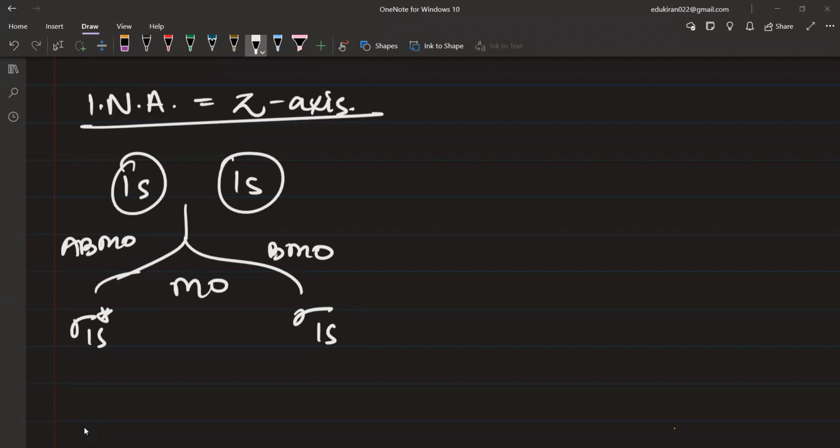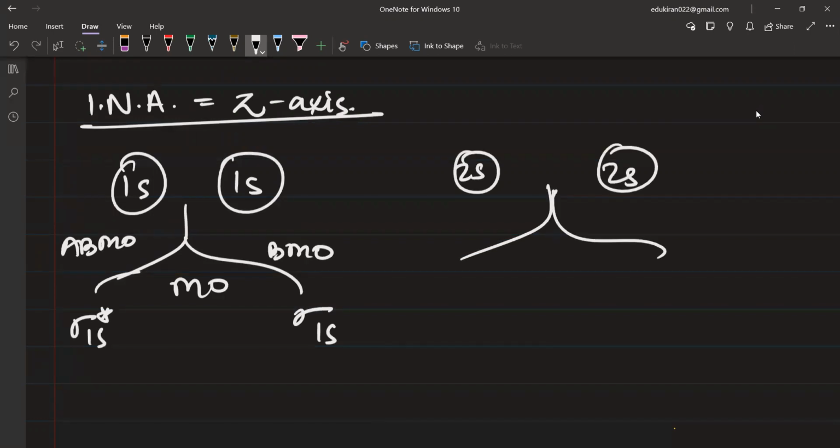Let's say, for example, we have 2s and 2s. Then if these are mixing, how many molecular orbitals are we going to get? Tell me. For 2s, 2s, there will be again 2. These are what? Atomic orbitals. 2 atomic orbitals will give me 2 molecular orbitals. One will be bonding, another will be anti-bonding.